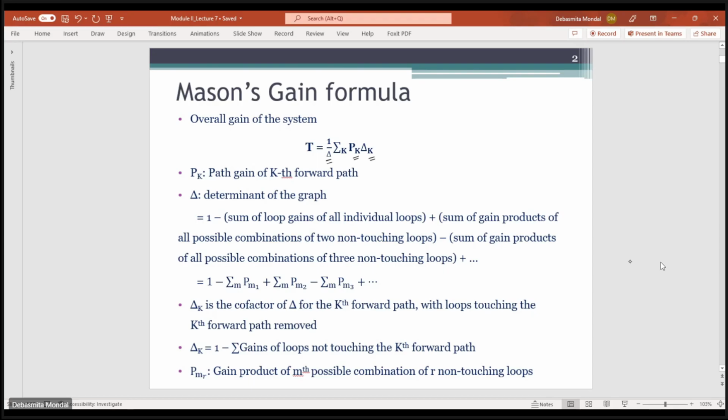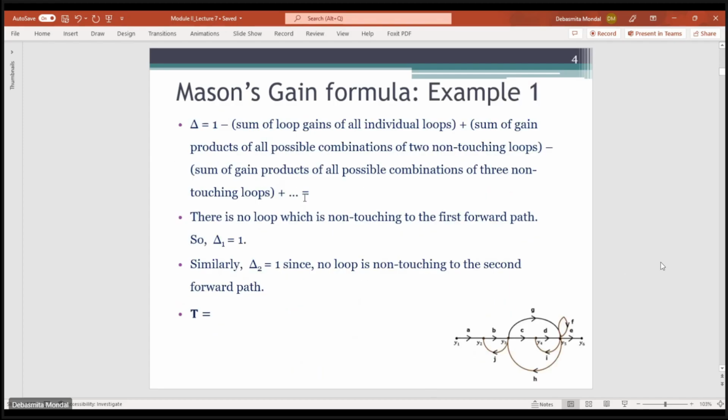If you had three non-touching loops, you would have to go for the fourth term also. So on and so forth, you keep adding depending on how your signal flow graph looks. Then we find the value of delta.